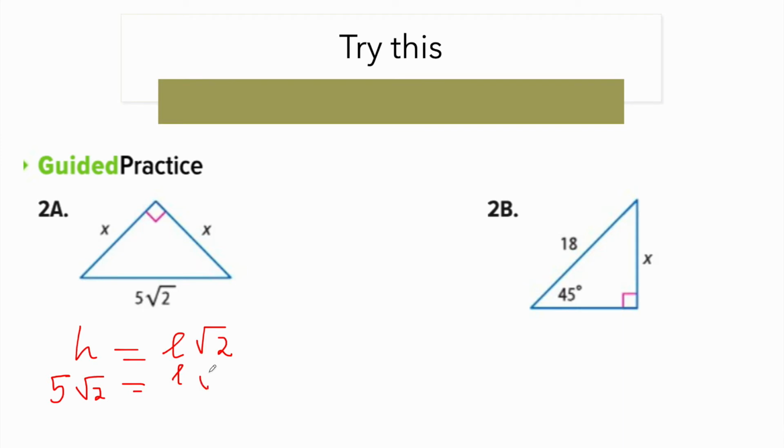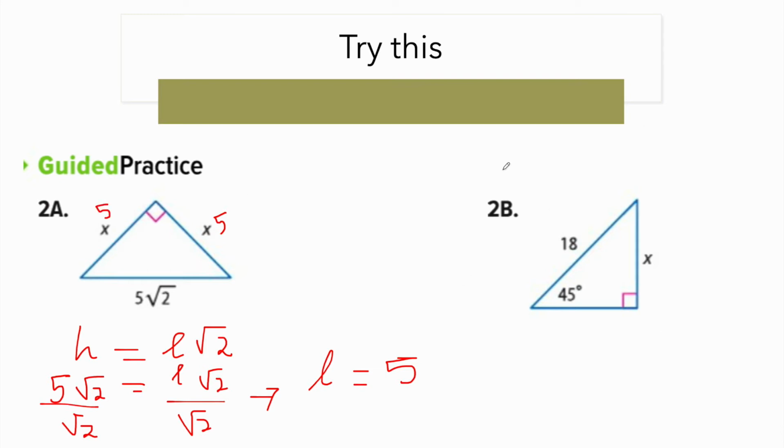You divide by root 2 on both sides. For space, I'll come this side. You will have length is equal to, root 2 will cancel root 2. Our length is 5. So that means this is 5 and this is 5.